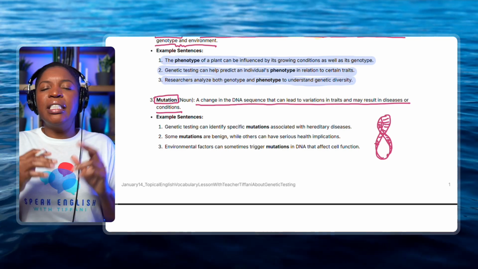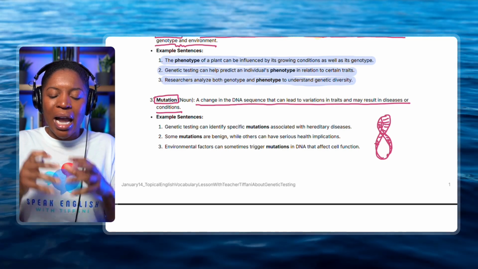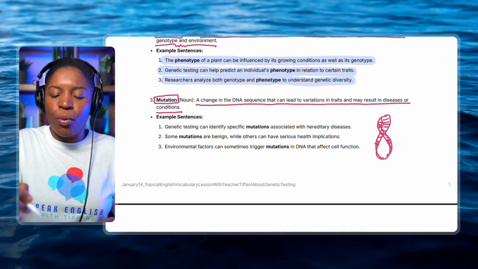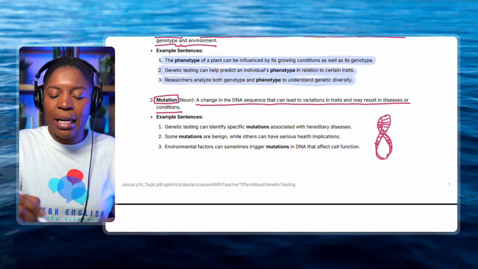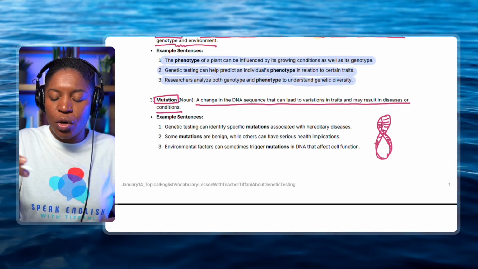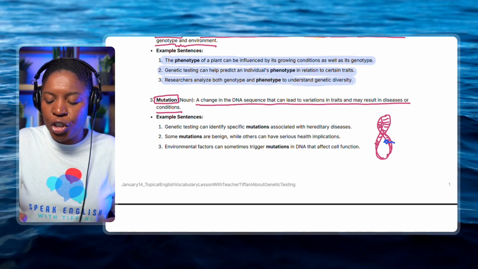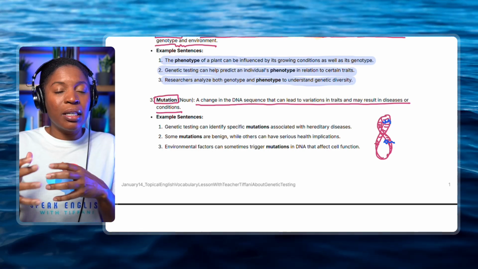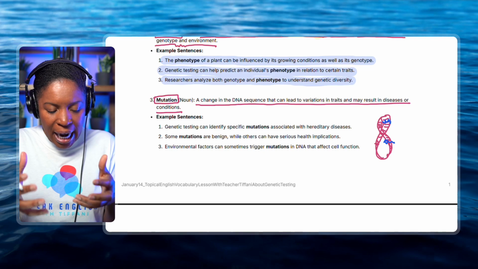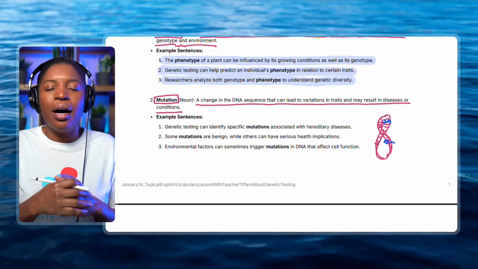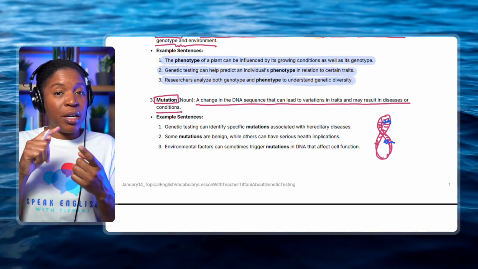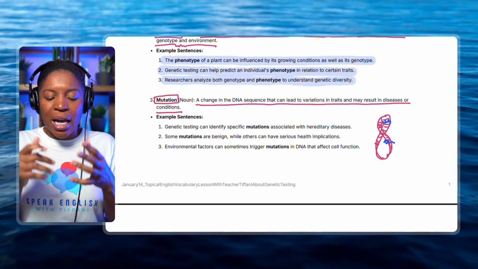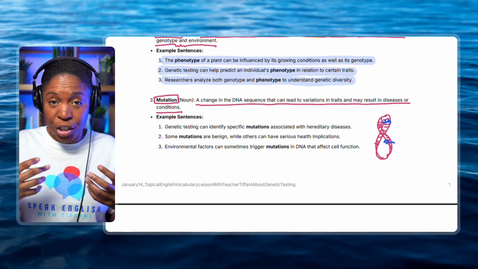But let's just imagine DNA looks like this, all right? And let's say there's a break or a change in the DNA. There's a break, right? Somehow there's an issue at certain parts of the DNA. This will result in a change in the physical makeup of an organism, right? Whether it be a person, whether it be an animal. This is what we call a mutation, right?